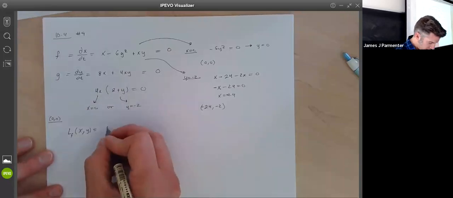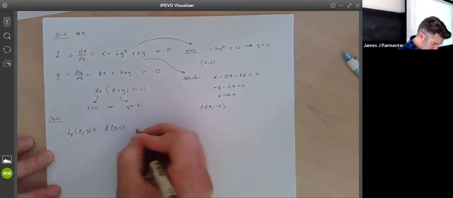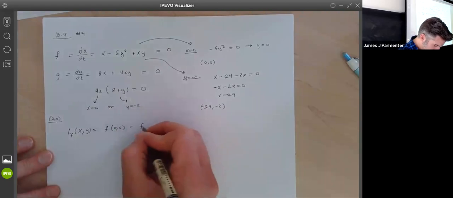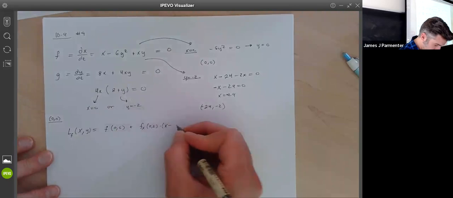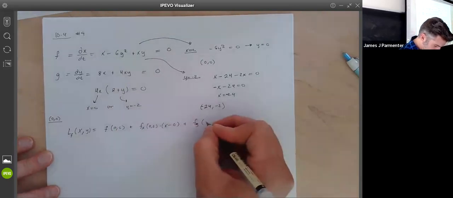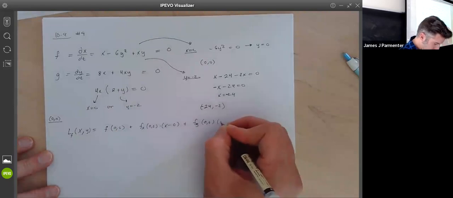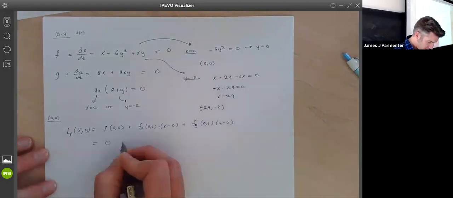So it's going to be f of 0, 0 plus fx at 0, 0 times x minus 0 plus fy at 0, 0 times y minus 0. F at 0, 0 should be 0.